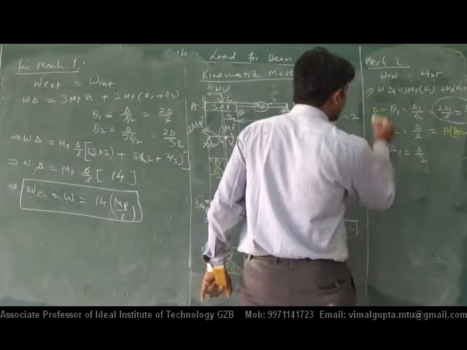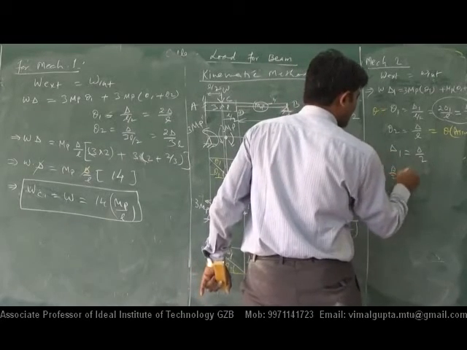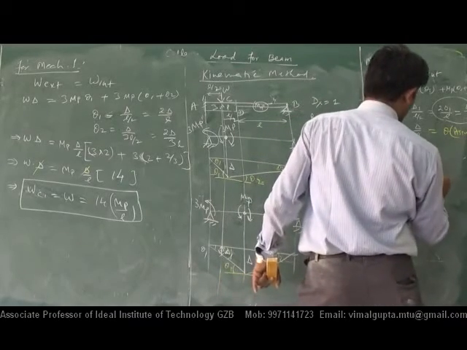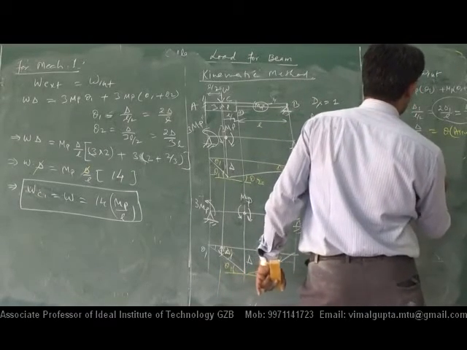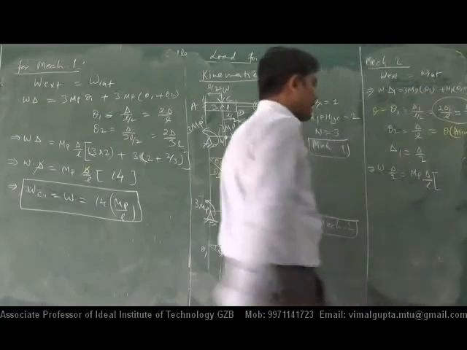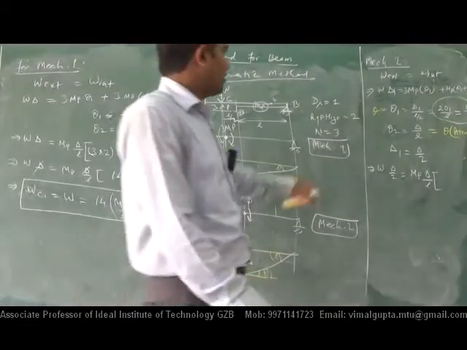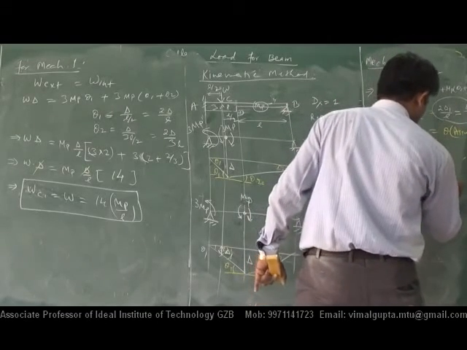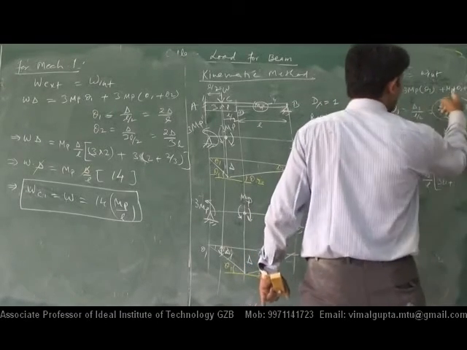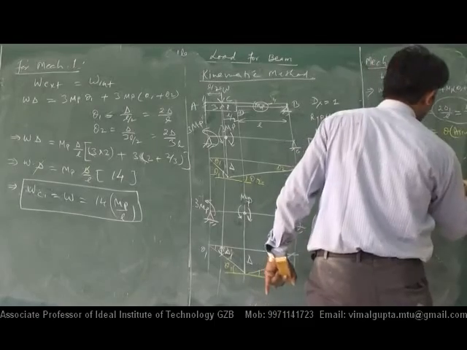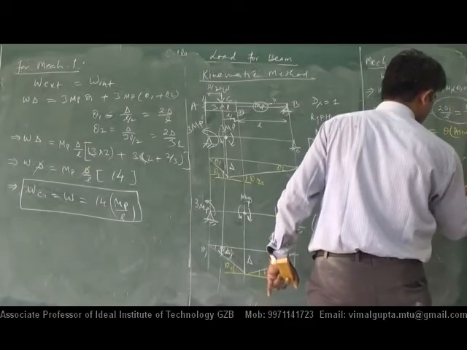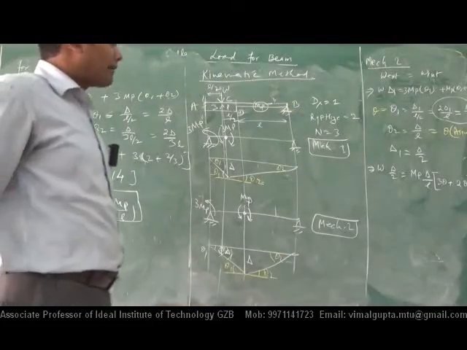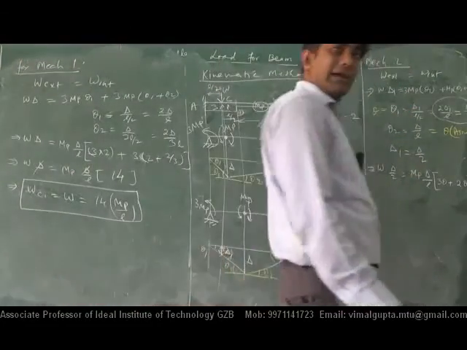Okay, so apply that. W into delta by 2 equals to take common factor as MP into delta by L. Take that common factor. So here 3 into theta plus here 3 into 2 theta. Clear? Am I right? Yes.